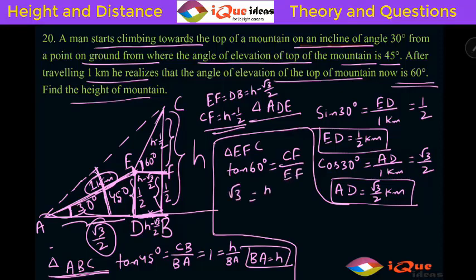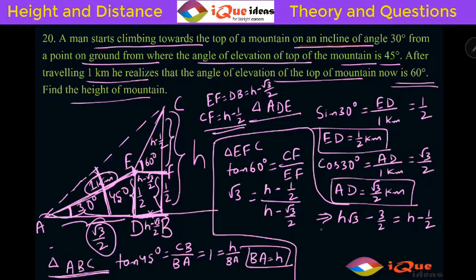CF is H minus 1 by 2. Alright. And EF, we have calculated it is H minus root 3 by 2. So if you cross multiply, you will get root 3 into H is H root 3, minus root 3 into root 3 by 2 is 3 by 2, and everything is equal to the other side, H minus 1 by 2.